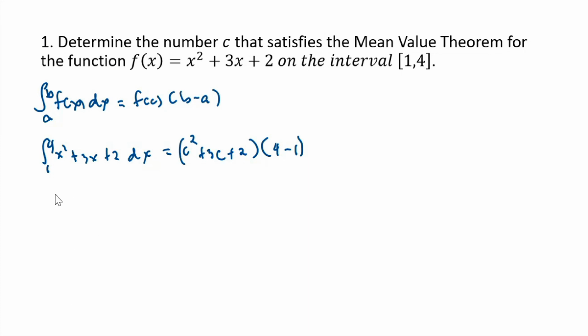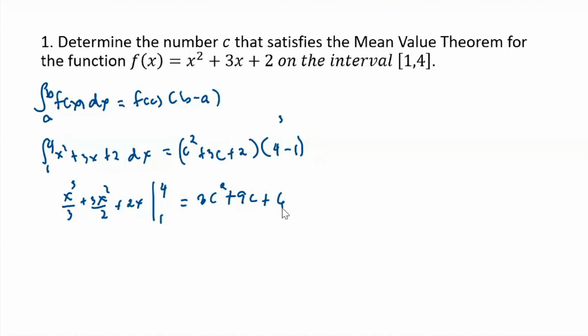The integration of this is x cubed over 3 plus 3x squared over 2 plus 2x evaluated from 1 to 4 is equal to, 4 minus 1 is just 3. Then we can multiply it with f(c). So this gives us the product 3c squared plus 9c plus 6.